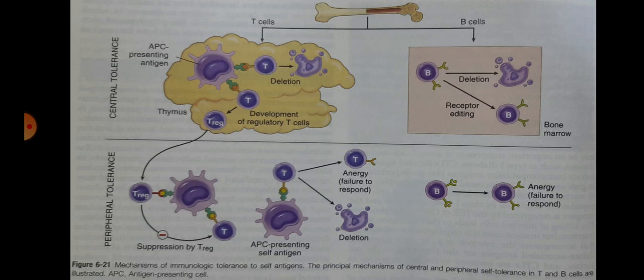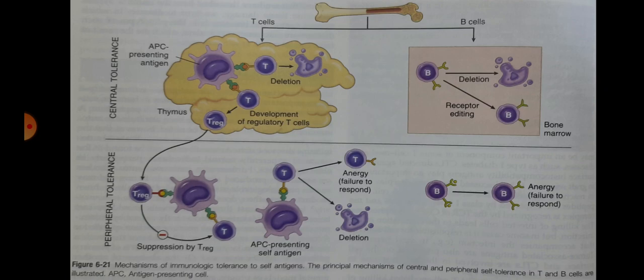Central tolerance, however, is imperfect. Not all self-antigens may be present in the thymus, and hence T cells bearing receptors for such autoantigens escape into the periphery.